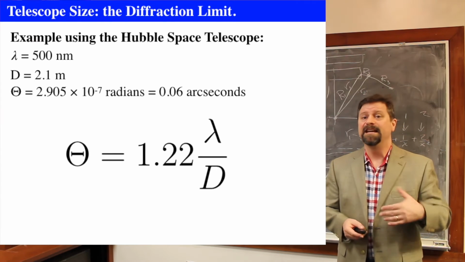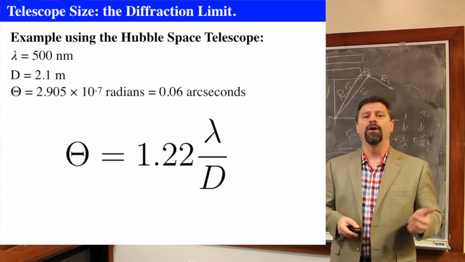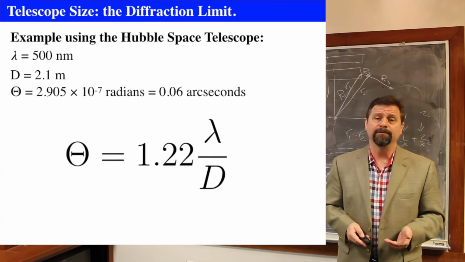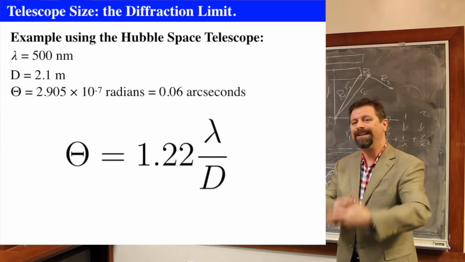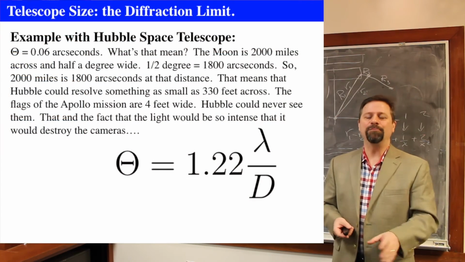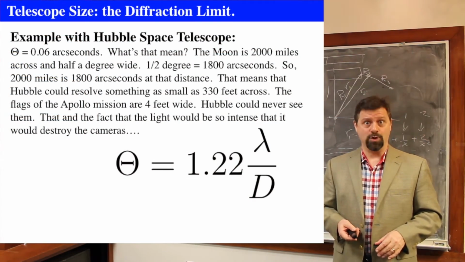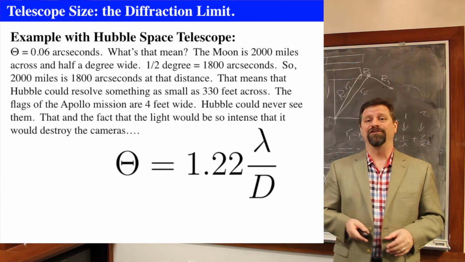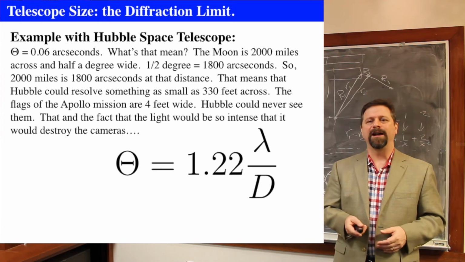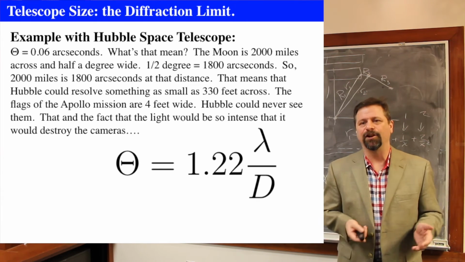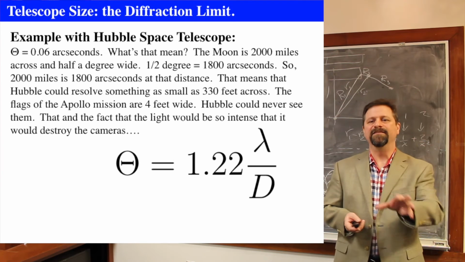So if something is, say, 0.01 arcseconds or 0.0001 arcseconds, the Hubble Space Telescope isn't going to be able to resolve it. So let's play around with it and say we could point the Hubble Space Telescope at the moon to try to see the flags left by the Apollo missions. The moon's about 2,000 miles across, it's about a half a degree wide, so that's 1,800 arcseconds in the sky.